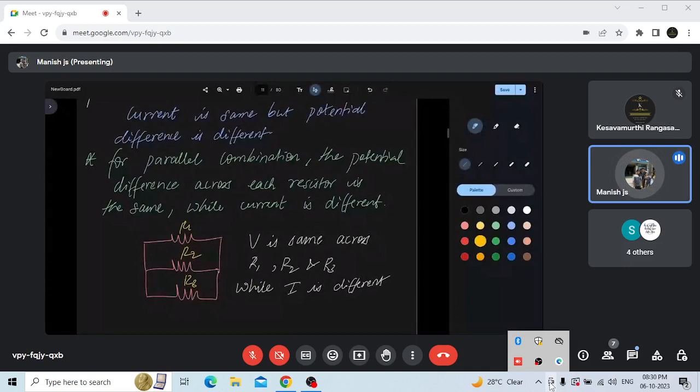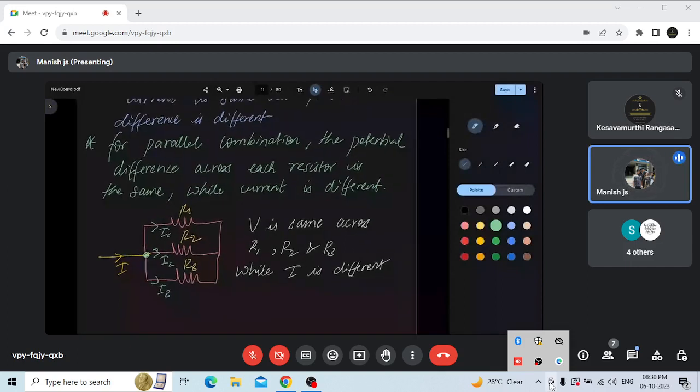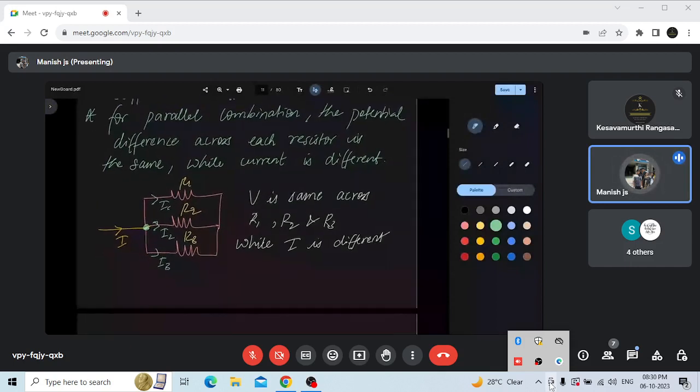Why I is different? If current entering is I, now you can see that there is a junction or a node here. So current will get split. The wire is splitting, isn't it? So current also will split. So across R1 it is I1, for R2 it is I2, and for R3 the current is I3. So you can say I is equal to I1 plus I2 plus I3.